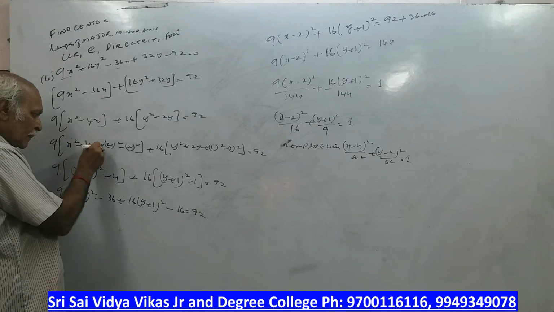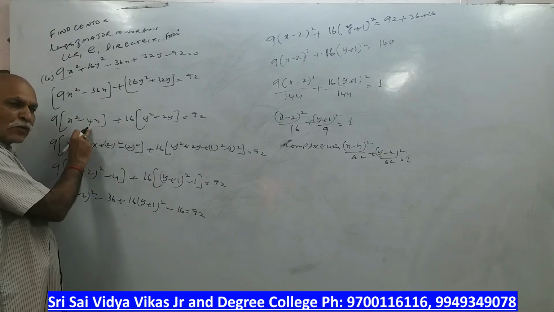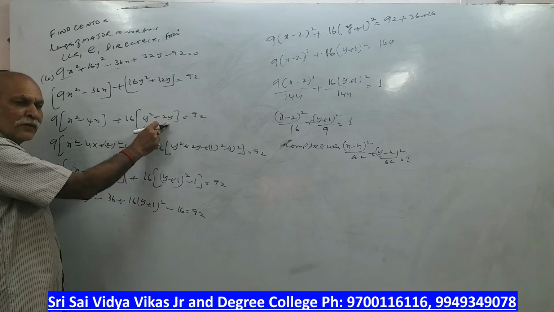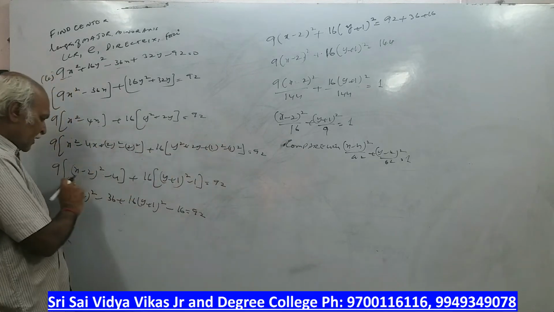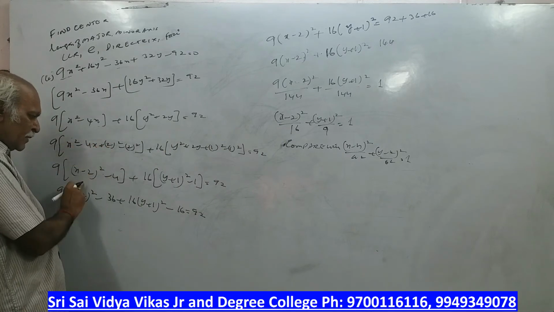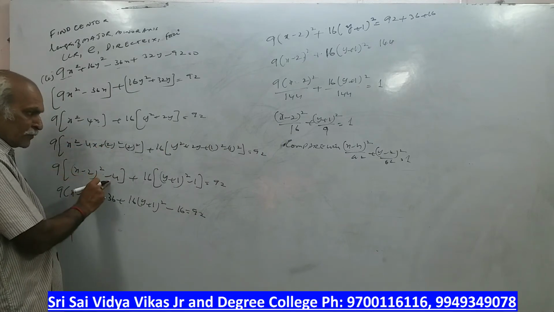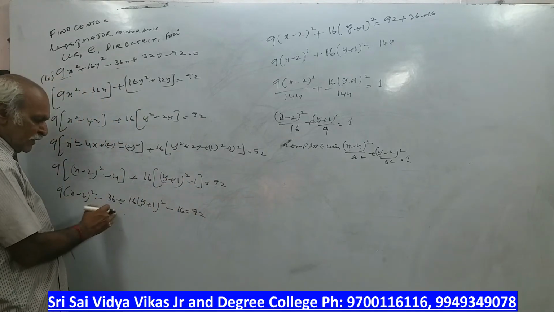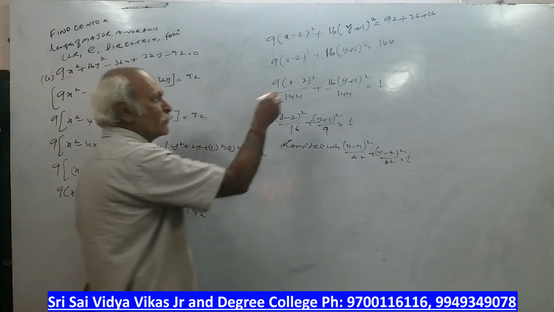Add and subtract the square of half of the x coefficient. What is half of 4? 2. So 2 square added and subtracted. Half of 2 is 1, so 1 square added and subtracted. Then this becomes a square plus b square minus 2ab. So 9 into (x minus 2) whole square minus 4, 16 into (y plus 1) whole square minus 1. Open the bracket, then you get 36 and 16. Bring that to the other side, it becomes 144, then divide.